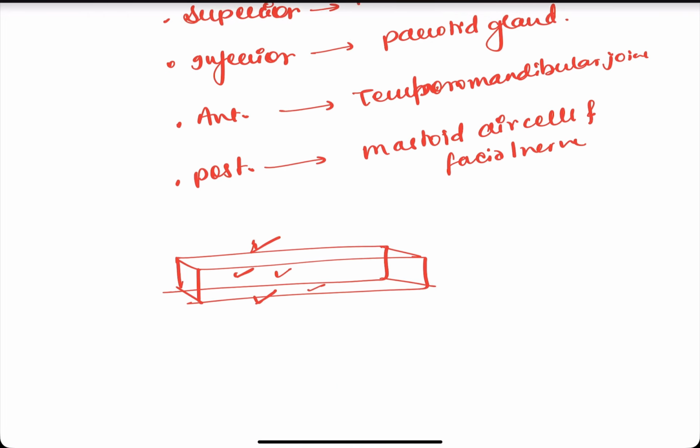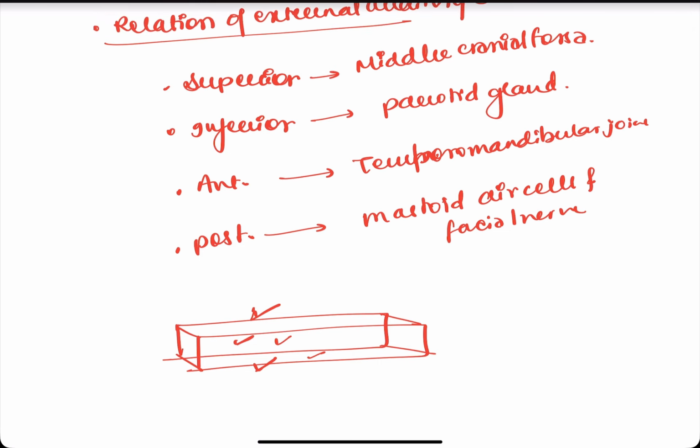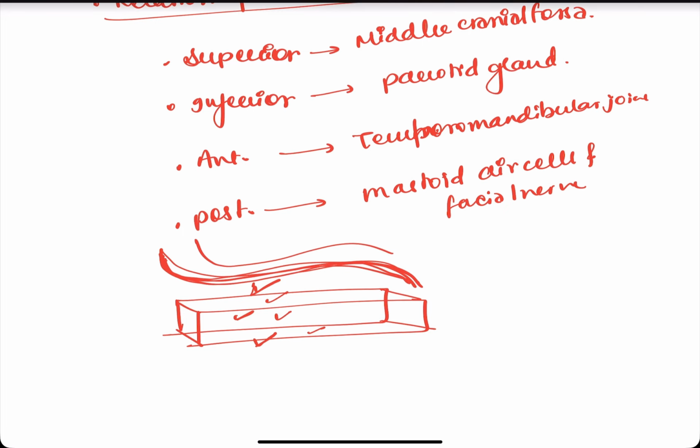So let's study. The superior is formed from the middle cranial fossa. In the upper part of the external auditory canal, the middle cranial fossa is present, and above that, the brain is present. In the inferior part, the parotid gland is present.